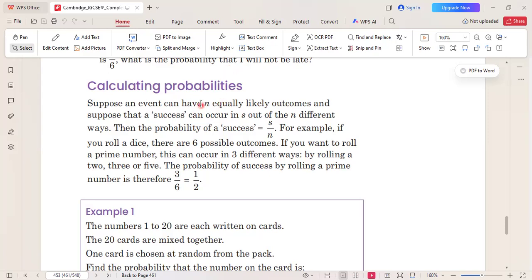Now, in this exercise, we are going to calculate the probability. This is the formula we can use to calculate the probability of a success.